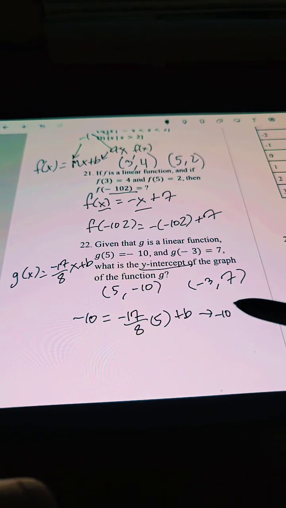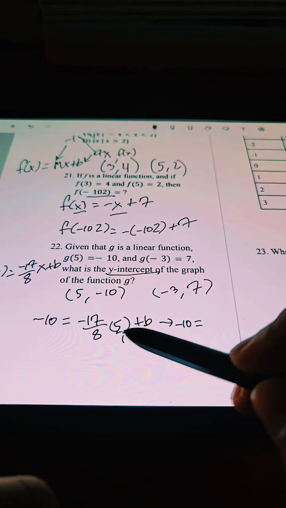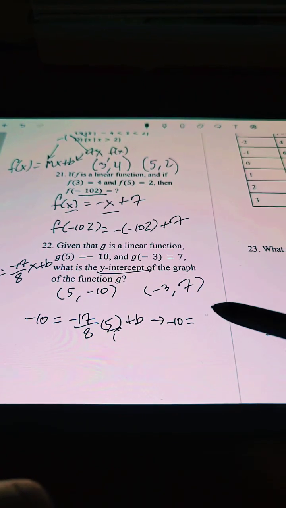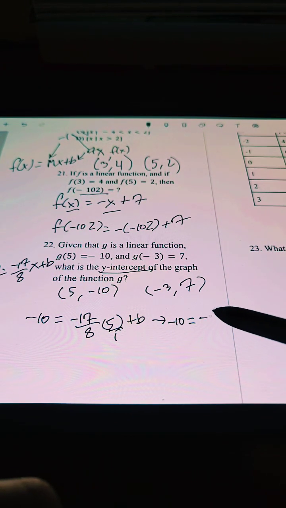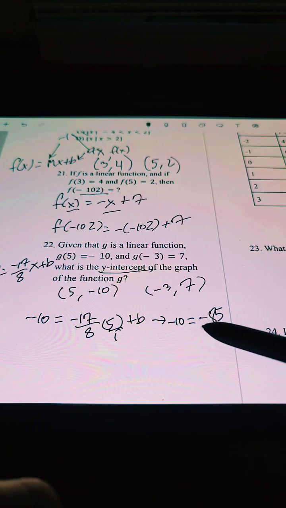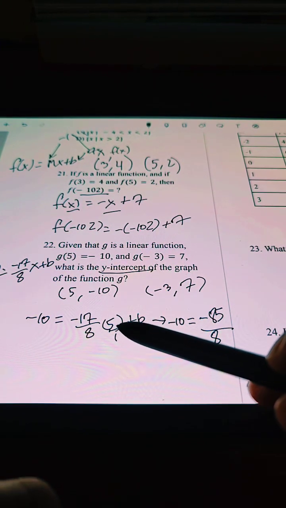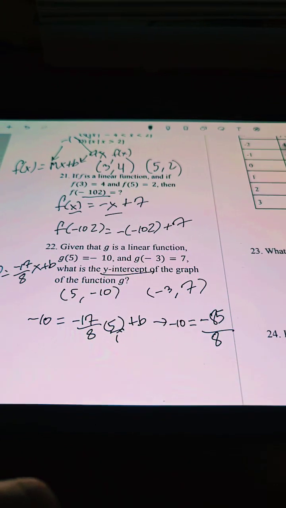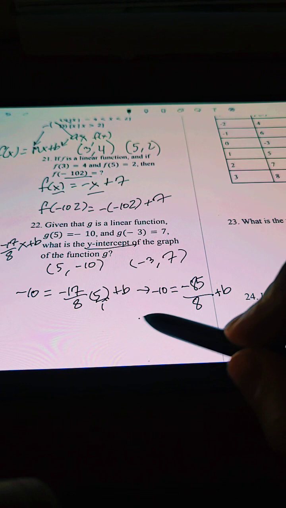So negative 10 is equal to, 5 is the same thing as 5 over 1, so I multiply the top, and that's going to be negative 5, carry the 3, that's 85 over 8. Let me just make sure, because at night my calculations get all messed up. So 5, carry the 3, yeah, negative 85 over 8 plus b.